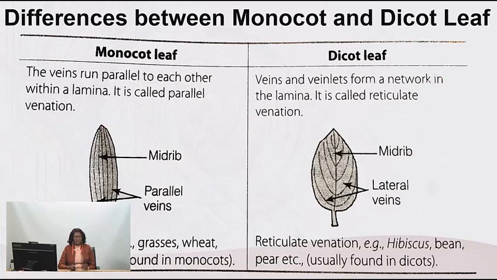In the dicot leaf, the veins and the veinlets form a network in the lamina, which is called the reticular venation. An example of a monocot leaf would be that of a grass, wheat, or maize. An example of a dicot leaf would be a hibiscus, bean, a pear, or other large and big trees that you see along the roadside.